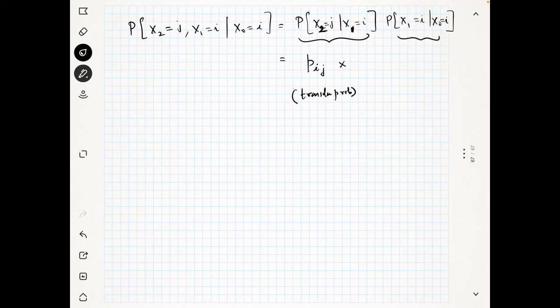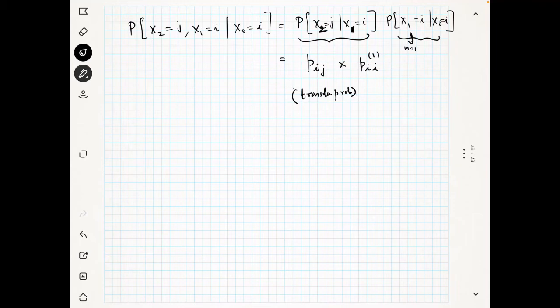It is nothing but pi i in the first time step, that means at n equal to 1, basically from 0 to 1. So what is the transition probability? x1 is equal to i, x0 is equal to i means it is the transition probability from i to i during the first time step.